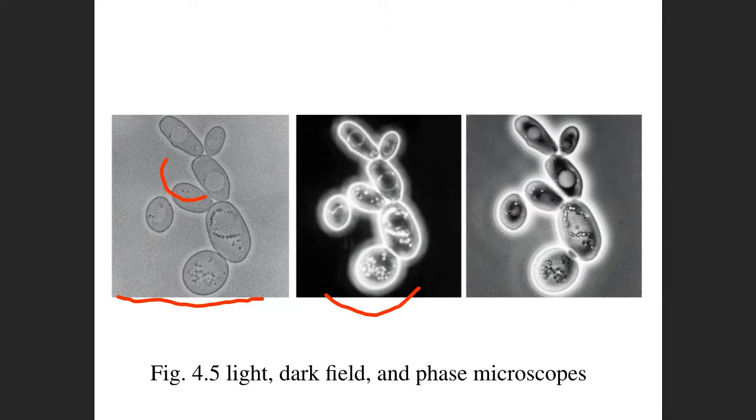Another example to think about is, if you go to a movie and the light shines through, you can actually see dust going through the beams, right? Those dust particles normally are invisible.